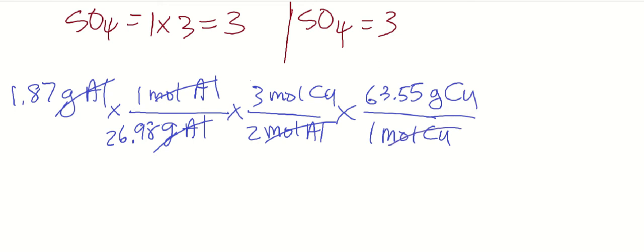That's called the molar mass. Punch these numbers in: 1.87 divided by 26.98 times 3 divided by 2 times 63.55.